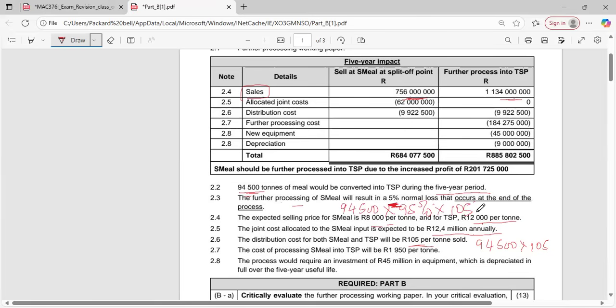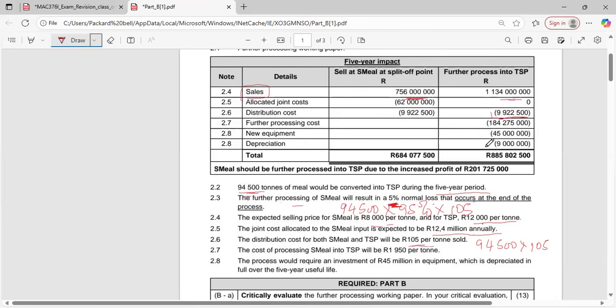So let's check if it is correct. 94,500 times 95% times 105. Is it correct? They say it's... oh, they just give the same. So this is incorrect. Am I right?